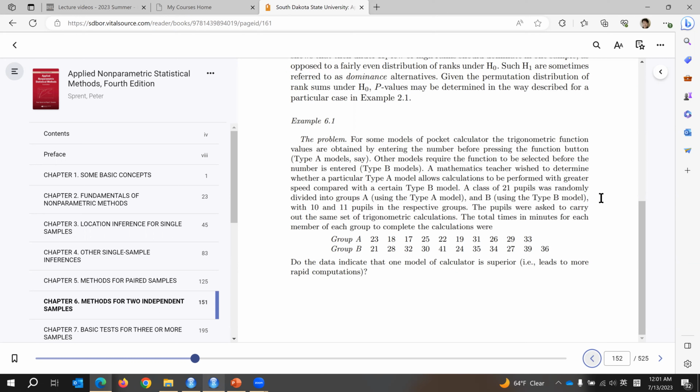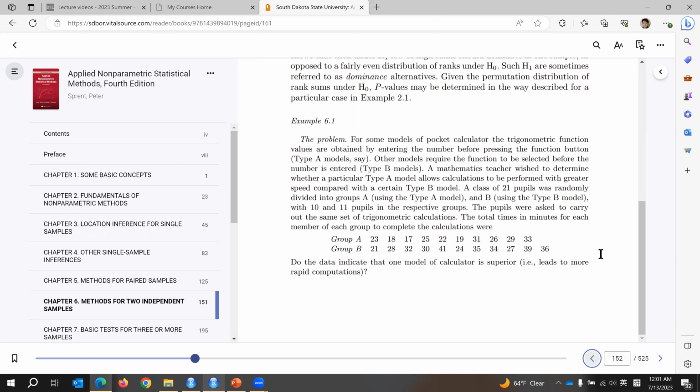To carry out this experiment, a class of 21 pupils are randomly divided into two groups, Group A and Group B. Group A with 10 students using the type A calculator, and Group B with 11 students using the type B calculator.